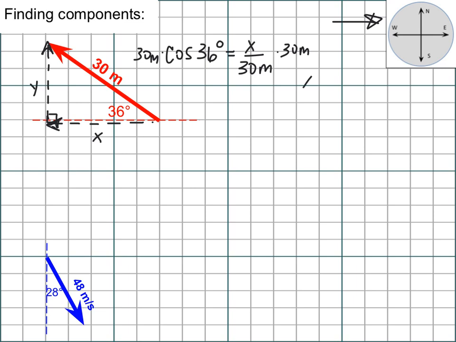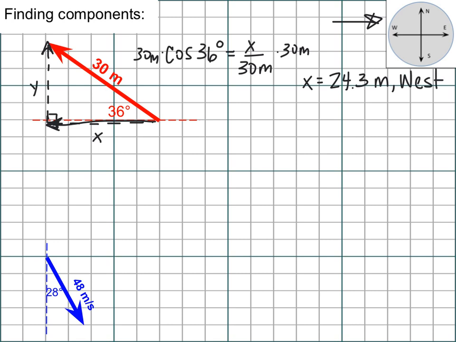X comes out to be 24.3, and that would have the same units as the original vector that I was given, so 24.3 meters, but based on my picture I can see that that was pointing to the west. So I would label this component to the west.